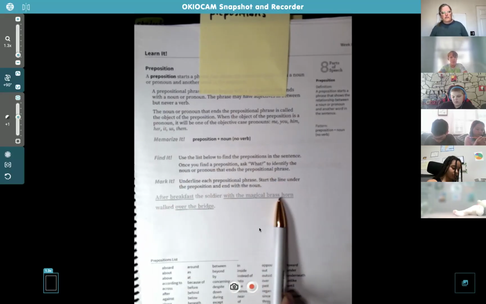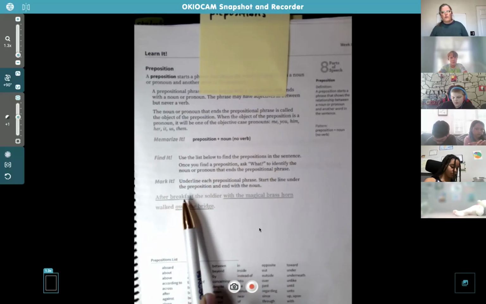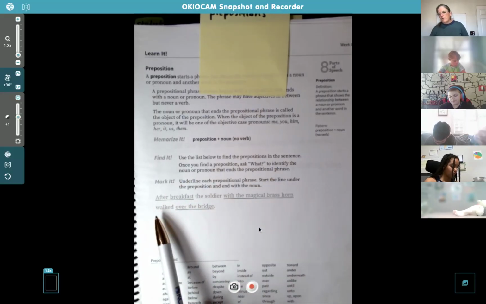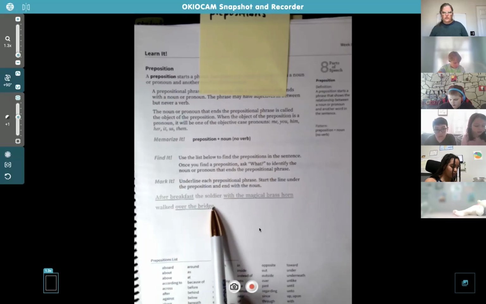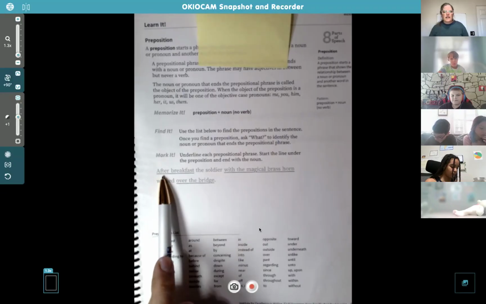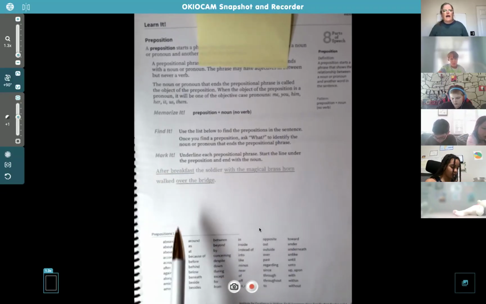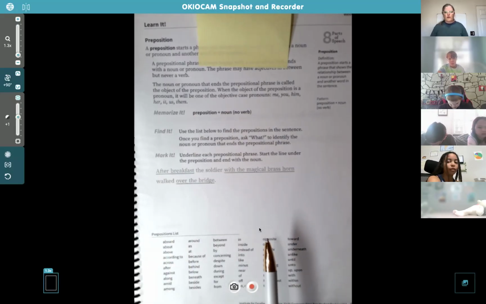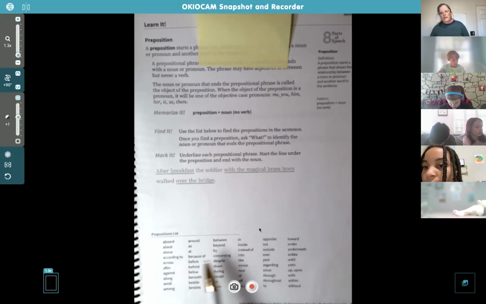So jump down here to this example right here. It says, after breakfast, the soldier with the magical brass horn walked over the bridge. Okay, the first one says it's underlined. After breakfast. Look for the word after in the list below. Give me a thumbs up if you can find the word after in this list.